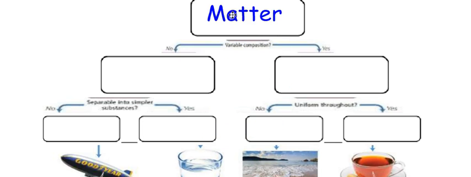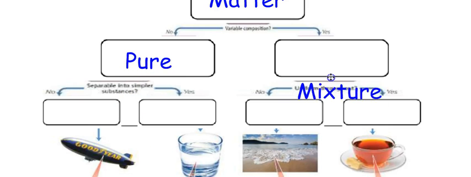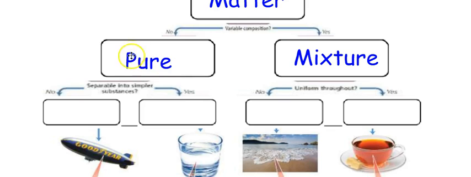I'm going to put matter up here because that's everything that has mass and takes up space. All matter can be divided into pure substances or mixtures. Pure substances have the same chemical composition throughout. A mixture has a varying composition.